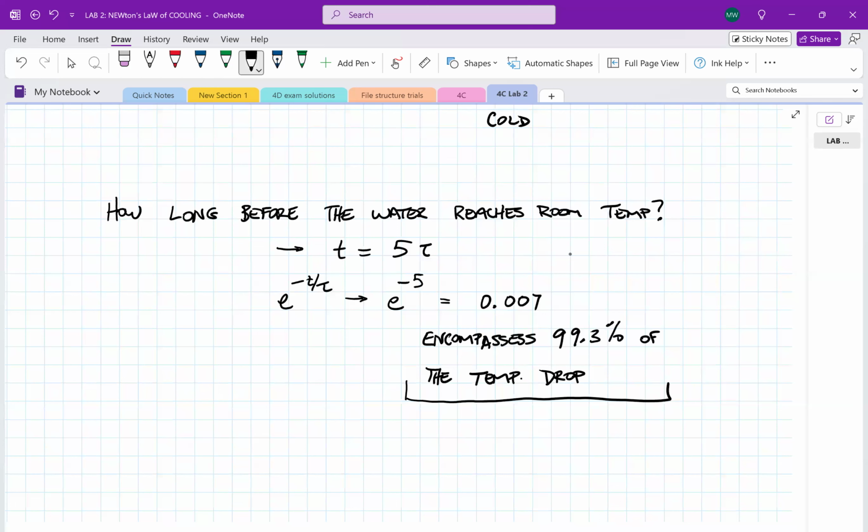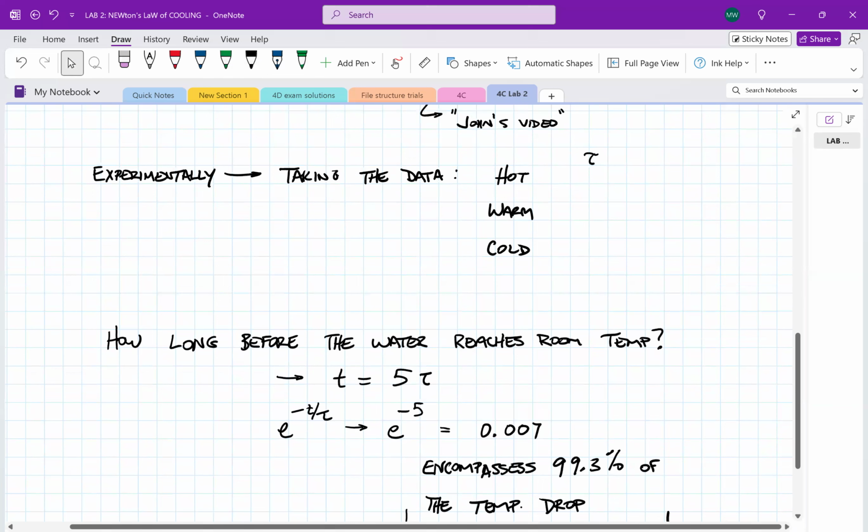Let's see. Other than that, I don't think we need to do too much else. I think we've got pretty much what we need, just making sure we've got the time constants. They should probably be fairly close in value, but we'll see how they go.